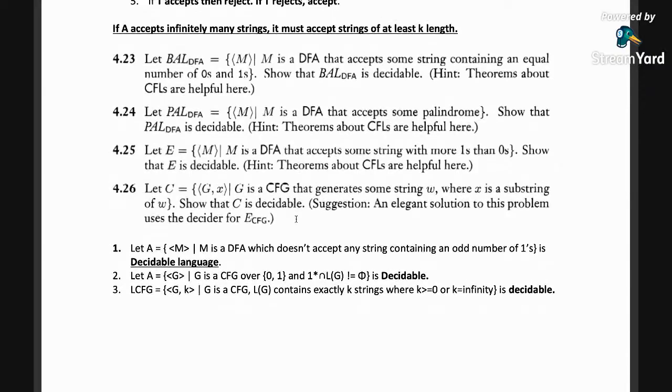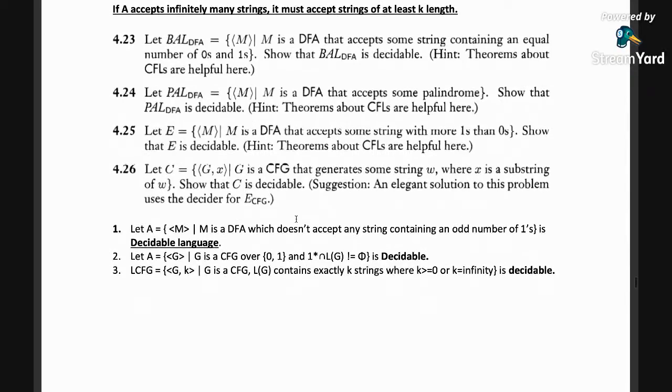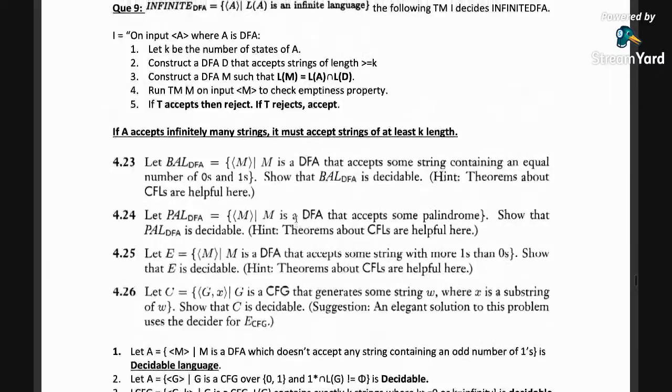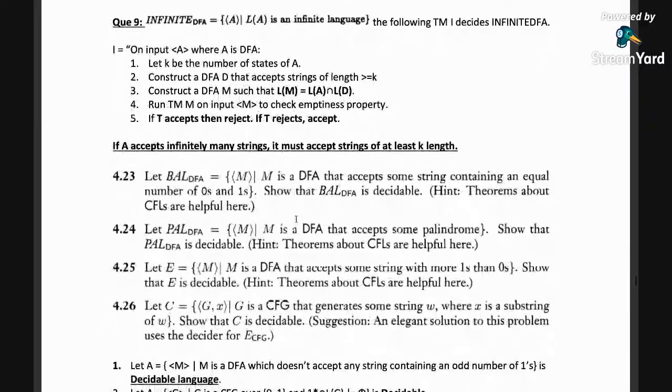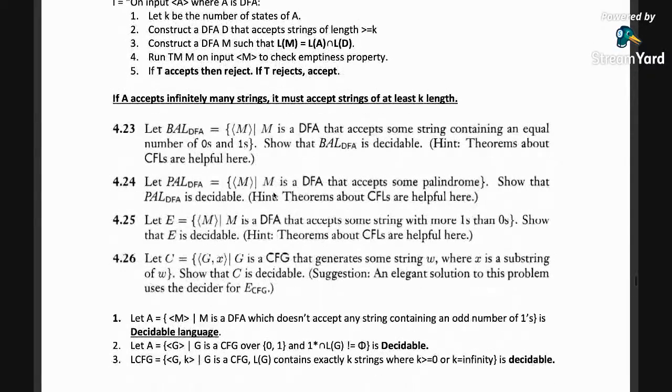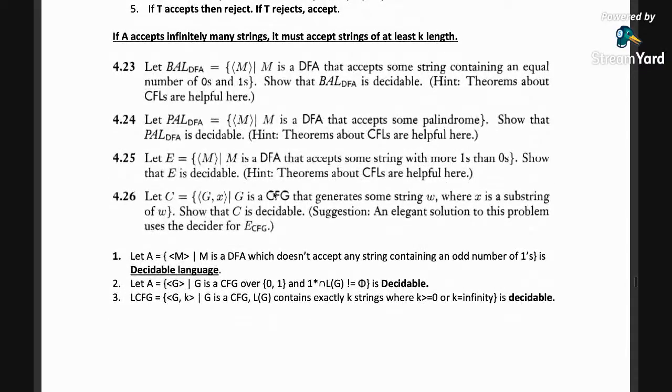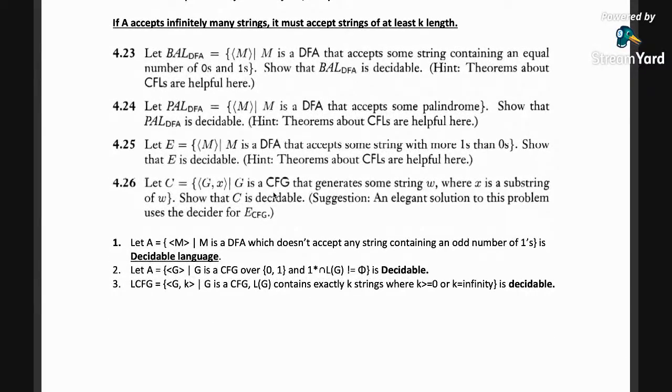Hence, theorems about CFLs are helpful here. So, if A accepts infinitely many strings, the language of A is an infinite language. Infinite DFA is the set of A such that the language of A is infinite.